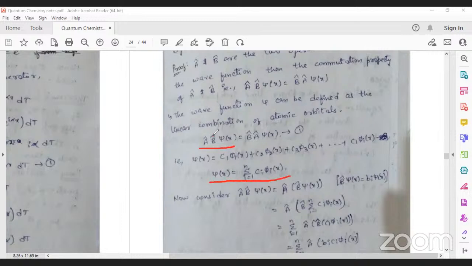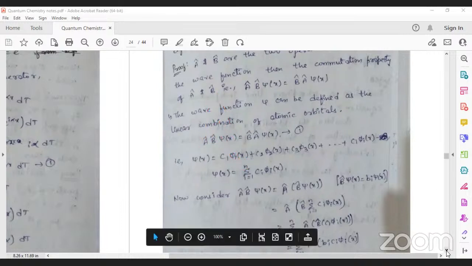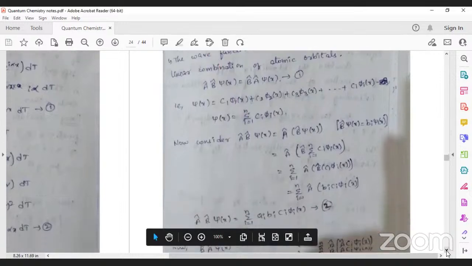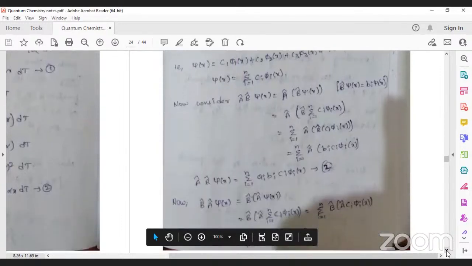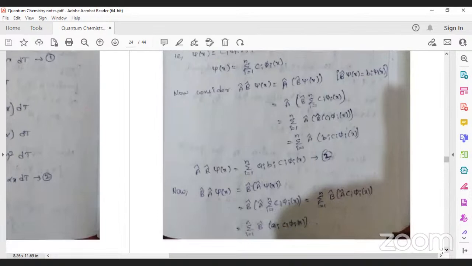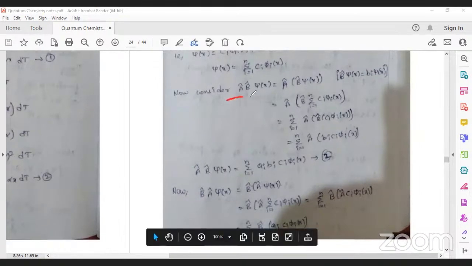Now, first what should we do? Operator B operates on this function. Later operator A operates on the same function. That is the thing we are going to do, right? Just simply see, the left hand side we are considering, right? Are you able to see this? A into B into psi of x?